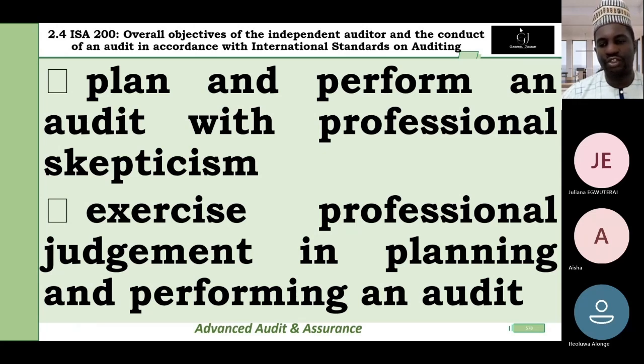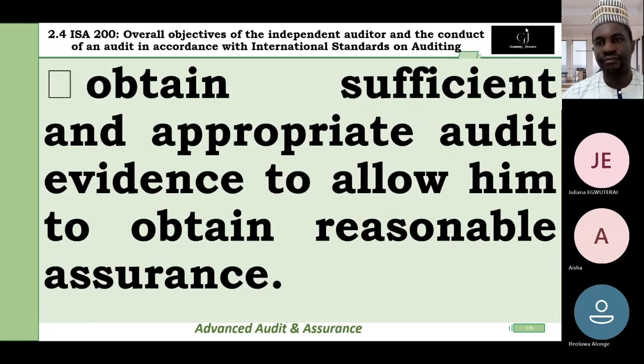Also, exercising professional judgment in planning and performing an audit is key based on this objective. So the judgment of the auditor comes into play, especially in a principle-based audit framework.